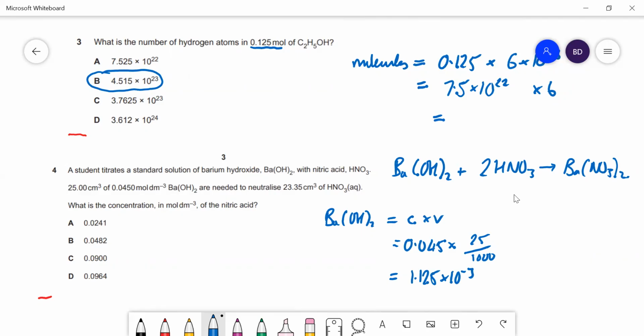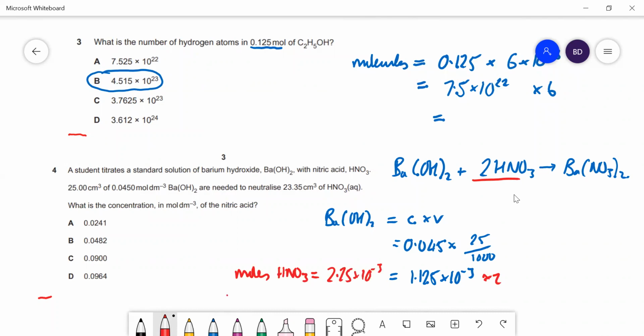Now the moles of nitric acid has got to be double that because it's a 1:2 ratio. Multiply that by 2, we get 2.25 times 10 to the minus 3.